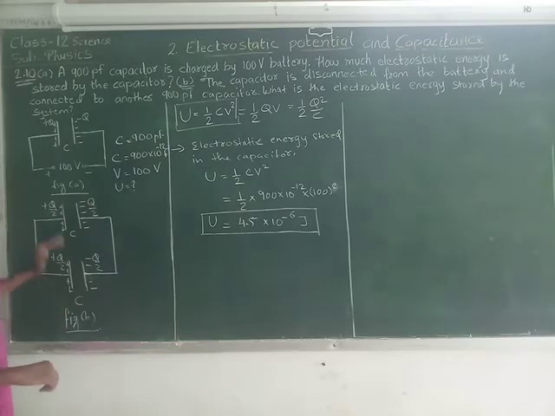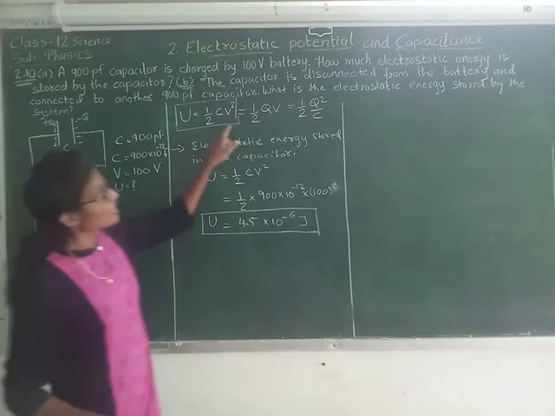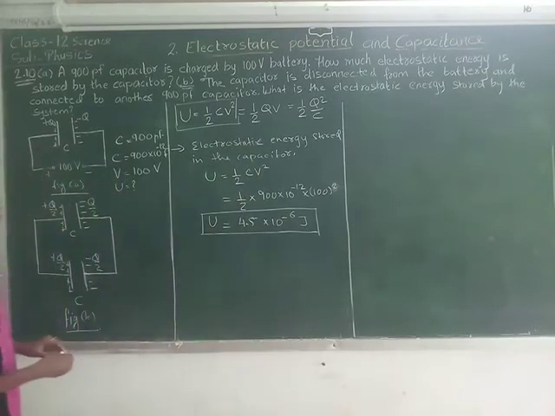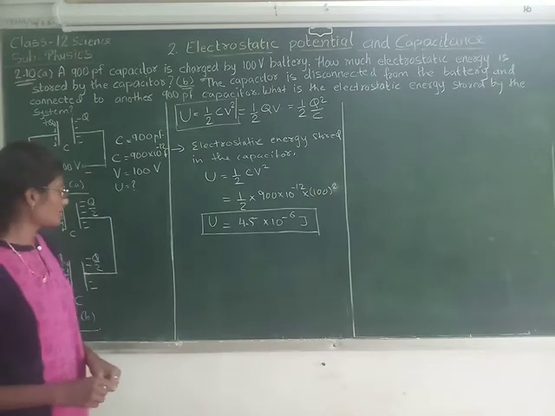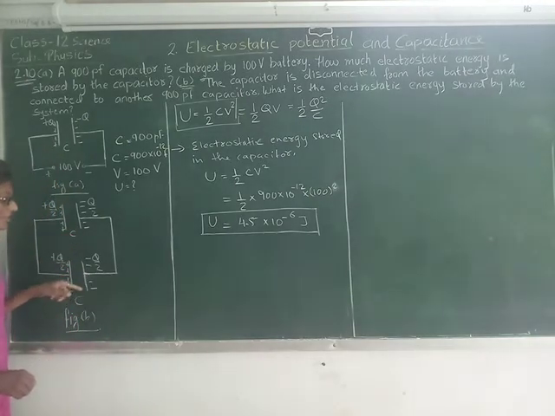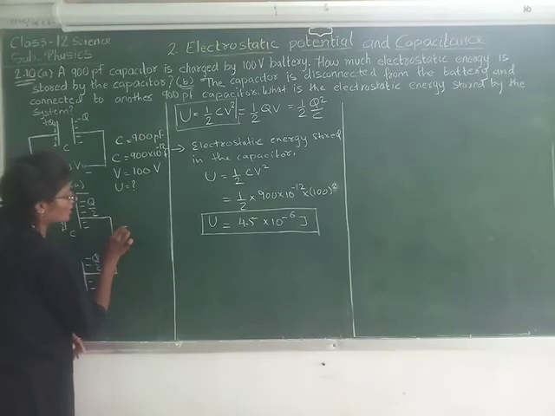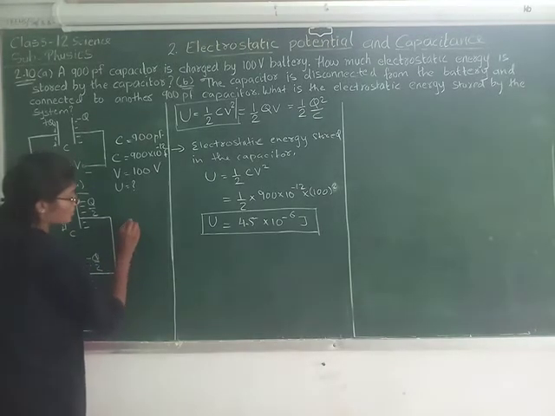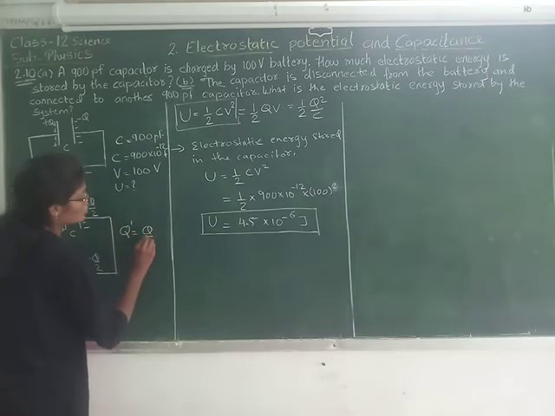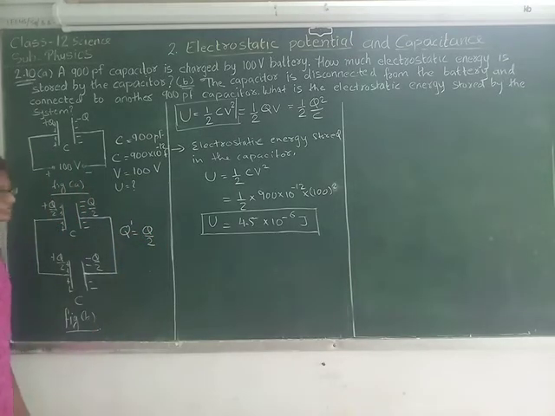Now for this system of capacitors, what do we need to find? The electrostatic energy stored by the system. Now see, because we are connecting another capacitor, charges get distributed. So the new charge Q dash is equal to Q by 2, right?